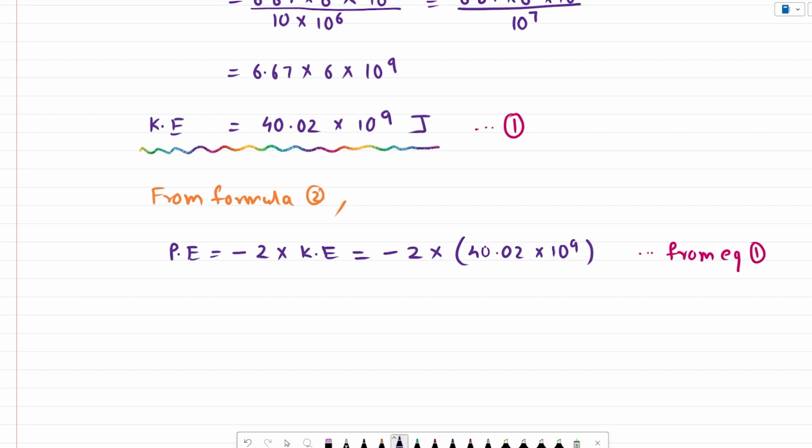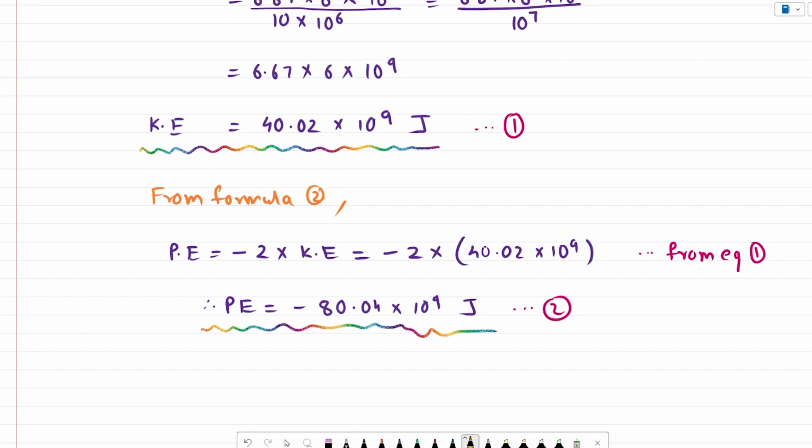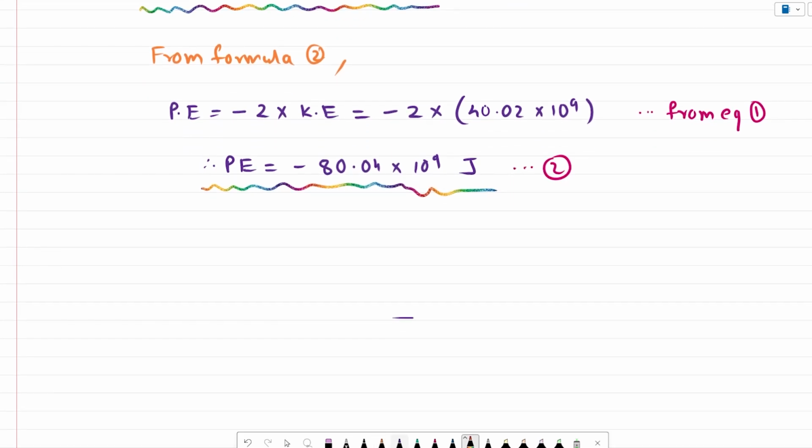So this gives us the potential energy for our orbiting satellite as minus 80.04 into 10 raised to 9 joules, the unit for energy. So with this, let me mark this equation as equation number 2, and we have calculated the second energy of our numerical as well. Now let's calculate the other two energies.